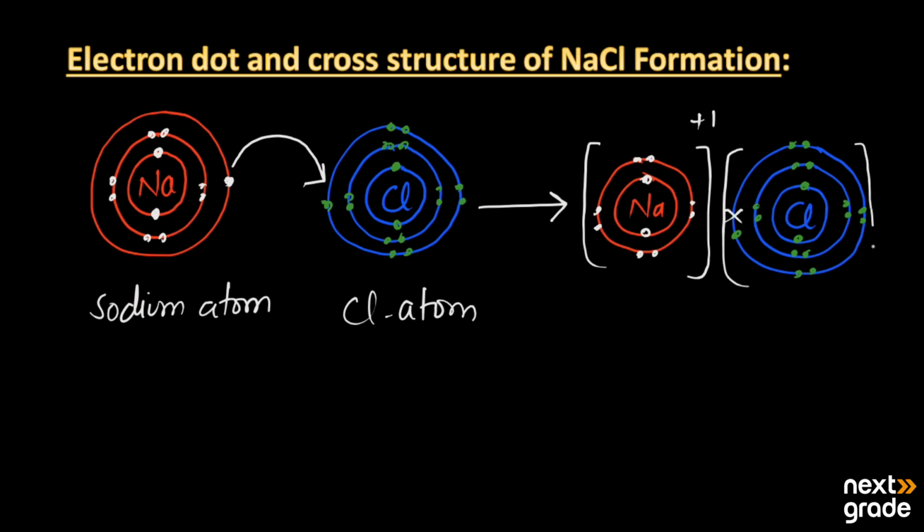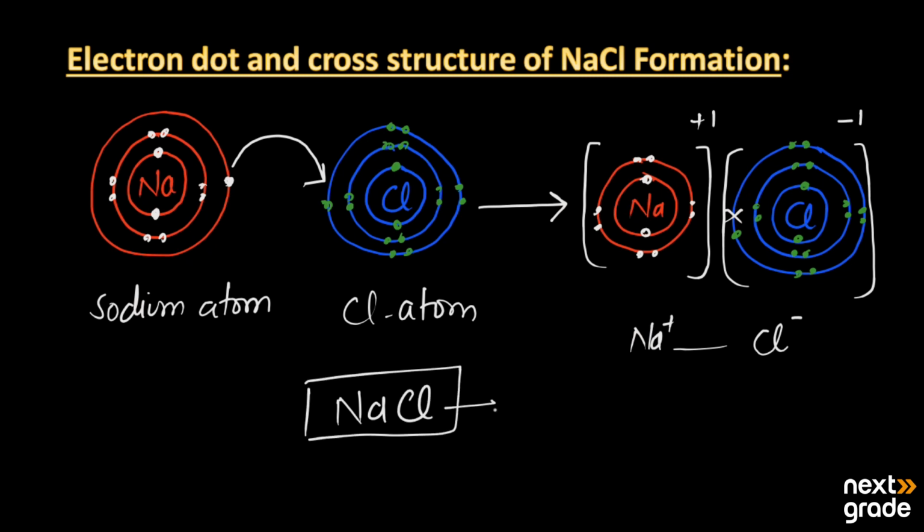Its octet is completed by the gain of 1 electron, and it acquires a charge of minus 1. Now it is sodium positive and chlorine negative. The force of attraction will be created between them, and as a result the bond will be formed between sodium and chlorine, and this is an ionic compound.